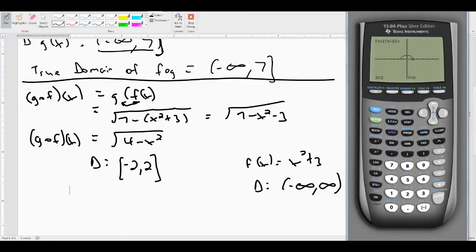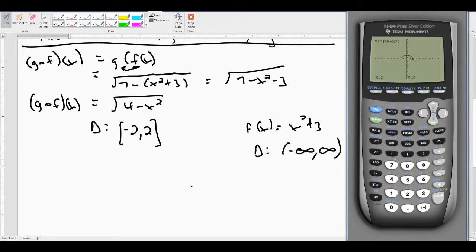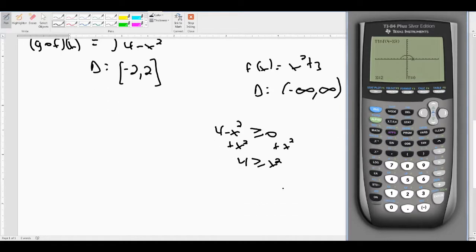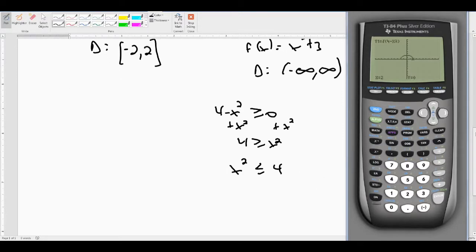Now if you want to do it by hand, you can always take that 4 minus x squared and recognize that it has to be greater than or equal to 0. And I like to add x squared to both sides because I don't like the negative sign. So we get 4 greater than or equal to x squared. I'm going to flip it all around. I promise you it's easier to look at the graph, because what I'm doing right here is going to be a long way.